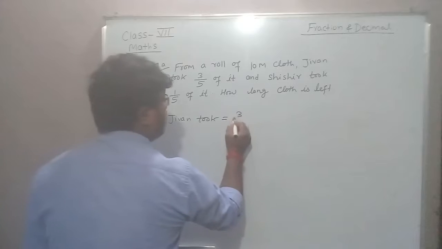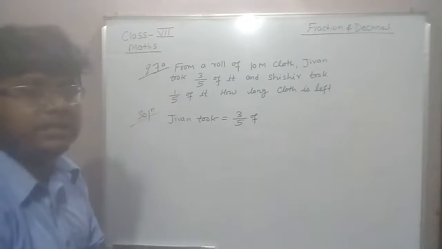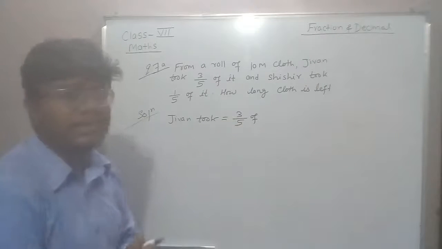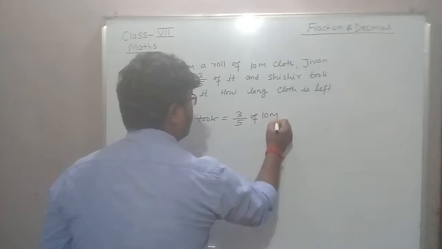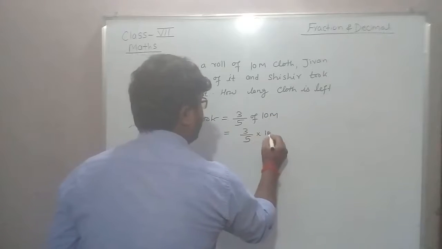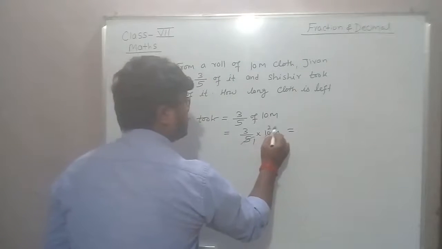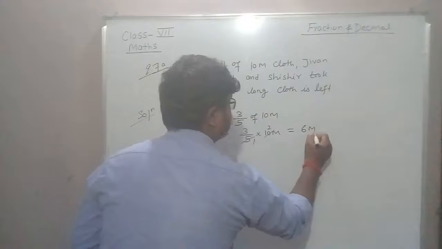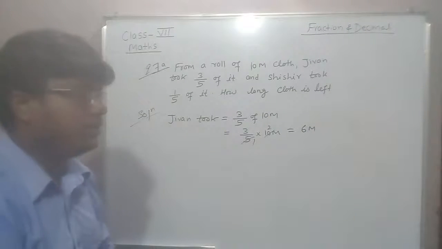That is 3/5 of 10 meter. So 3/5 into 10 meter: 5 1s are 5, 5 2s are 10, we get 6 meter. So G1 actually took 6 meter of the cloth.